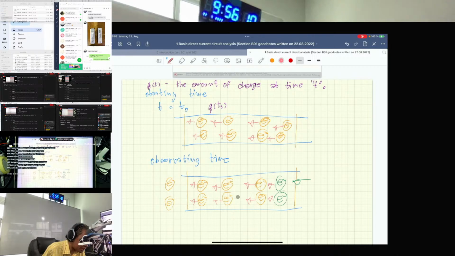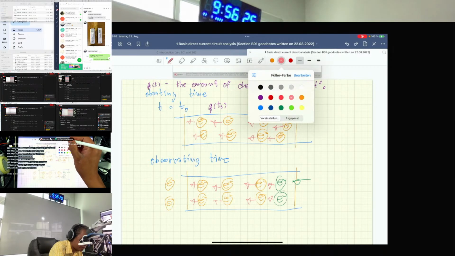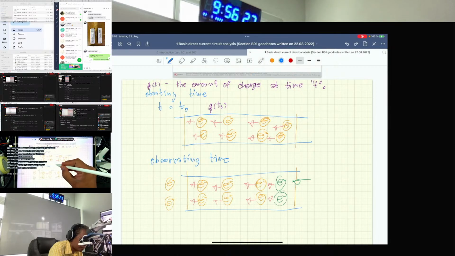measure the amount of charge at the next time. Let's say the observation time is time t. Sorry, t is equal to t1.